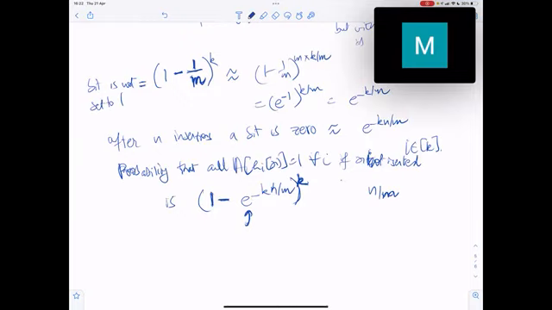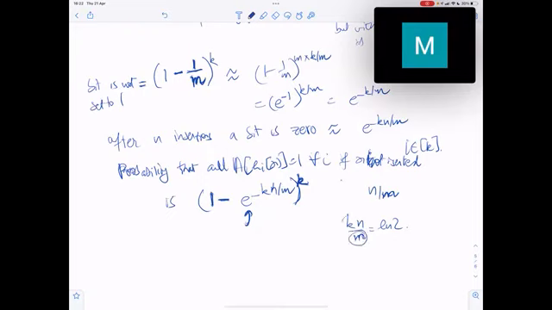So basically, if you take kn by m equal to ln2, correct? What are the parameters you have available to you?